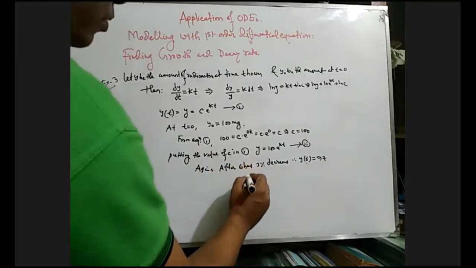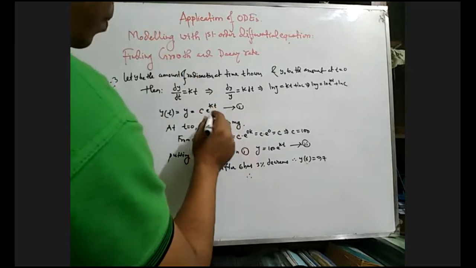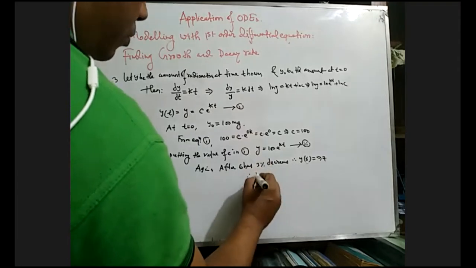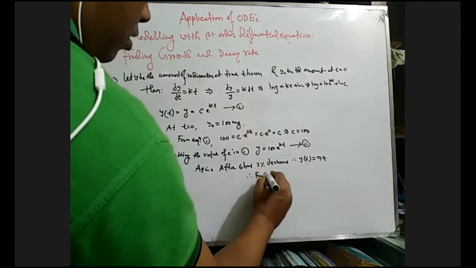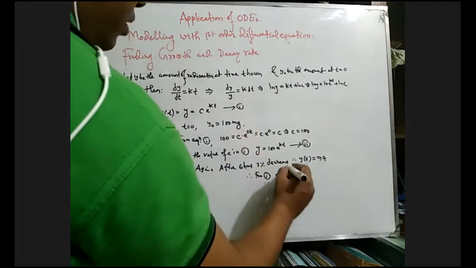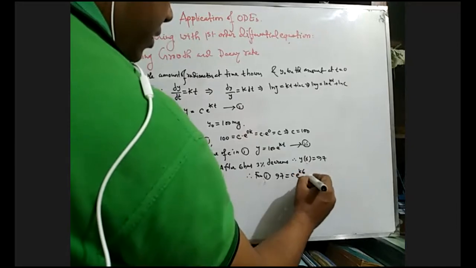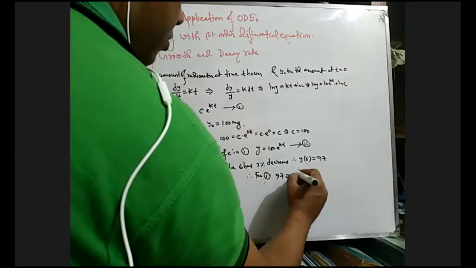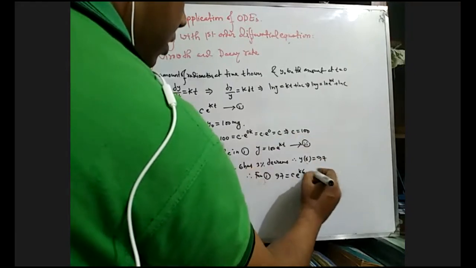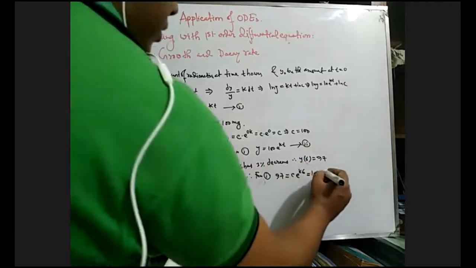Therefore from equation 1, 97 equals c into e to the power k times 6. This equals, c value what? 100 e to the power 6k.